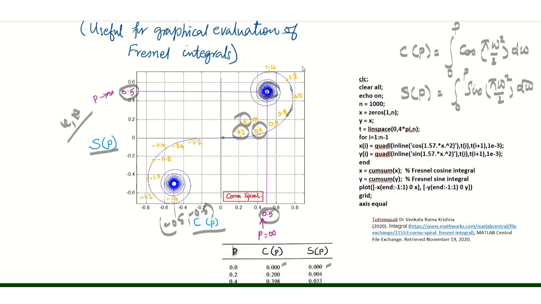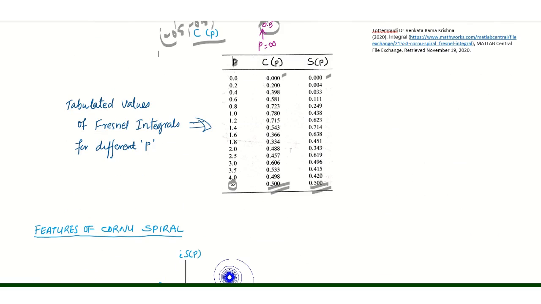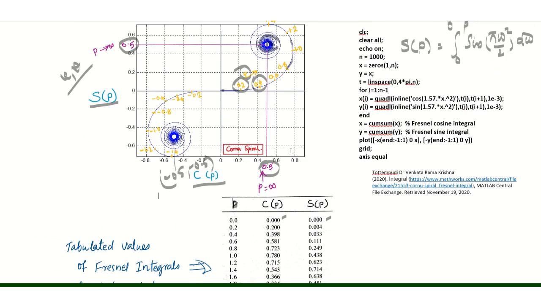Both Cp and Sp will have the same value. And that is interesting. With this tabulated value of Cp and Sp, we could get the diffraction pattern, especially when there were no computers.